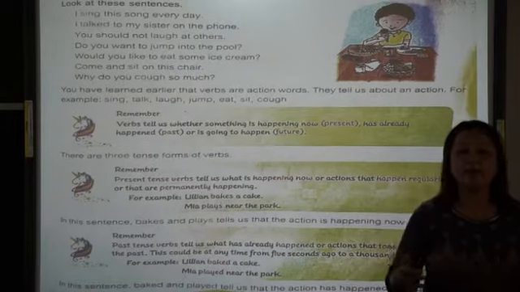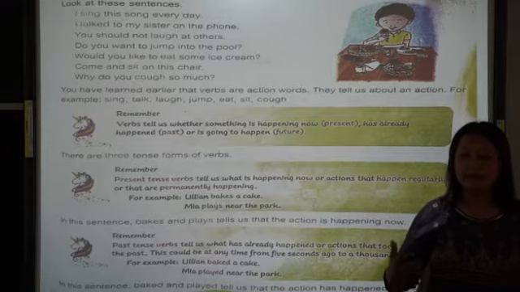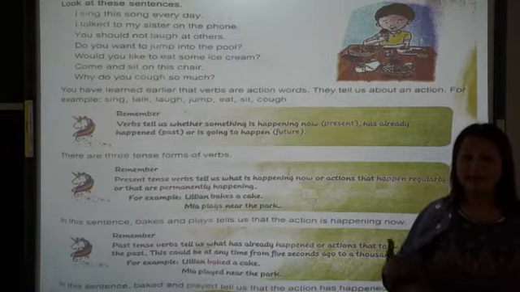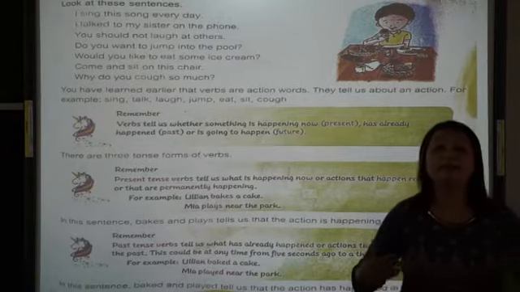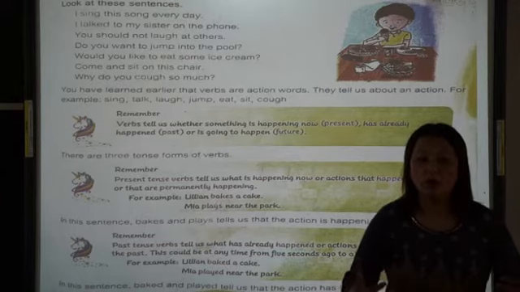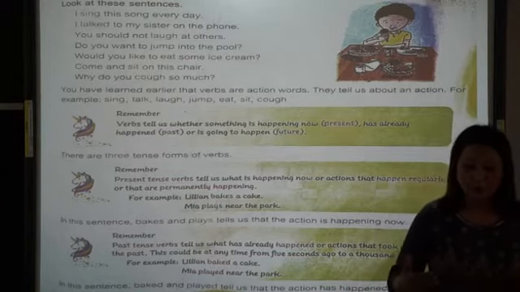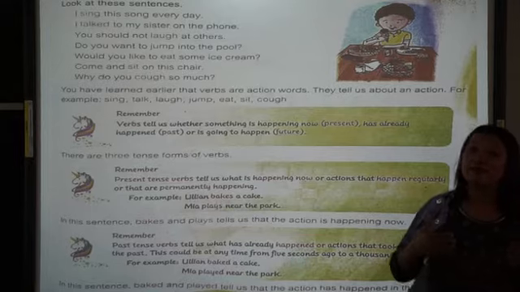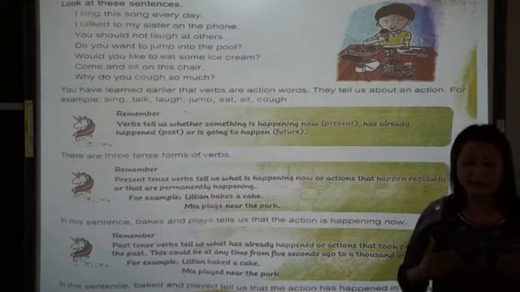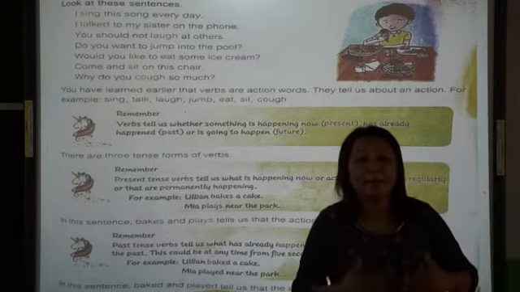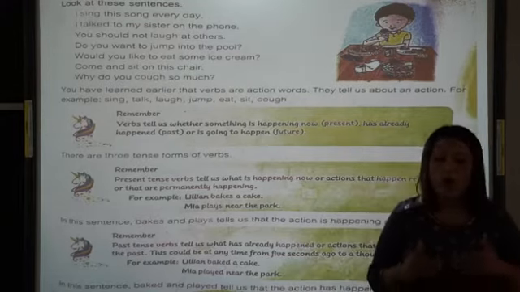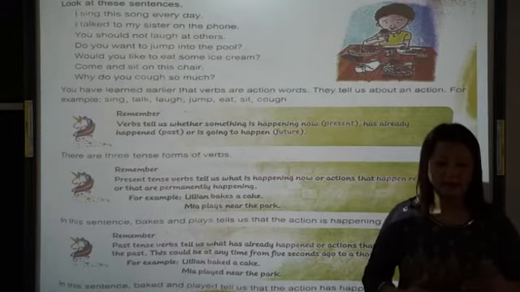For example, right now, what I am doing out here, I am standing here and teaching you all. So, present tense verbs tell us what is happening now or at present.